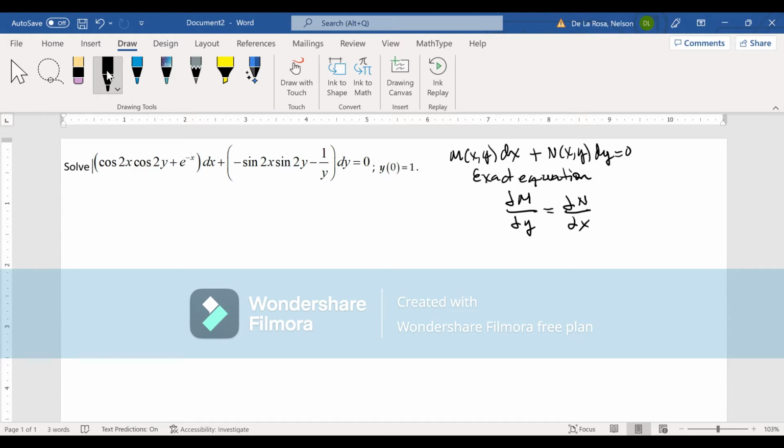Now notice that in this problem, M(x,y) is the expression multiplying dx. In this case it is cosine of 2x cosine of 2y plus e to the negative x.